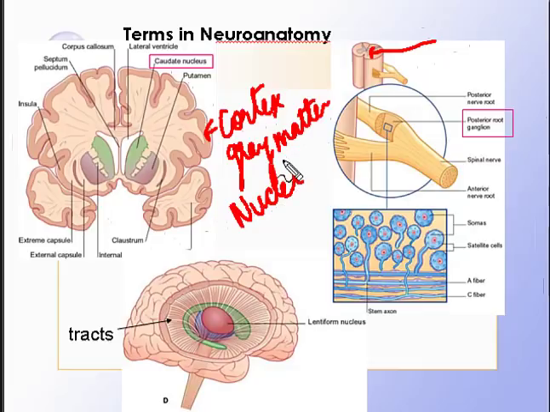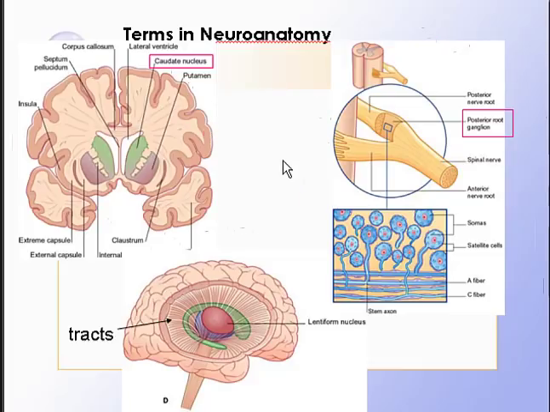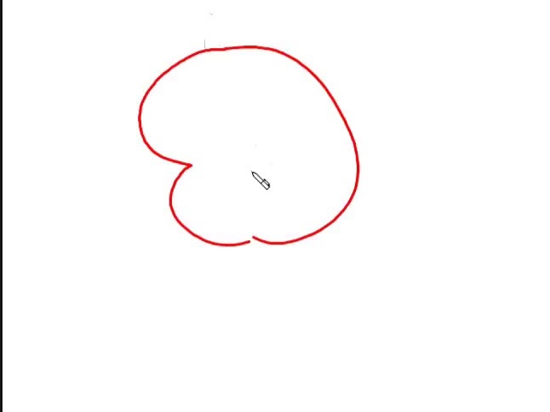And the reason is that initially, when the brain was developing, so let's say in the primitive brain, the gray matter was actually present right in the center. And then as evolution occurred, you wanted to increase the number of connections made so that the person or the animal could perform more functions.